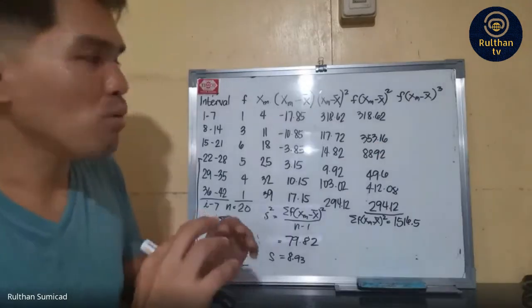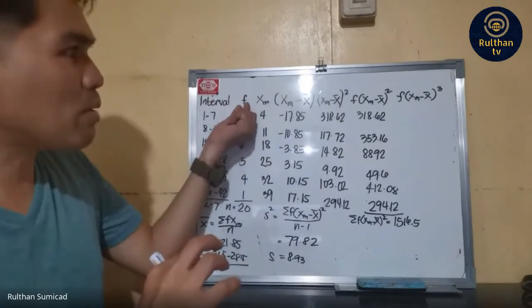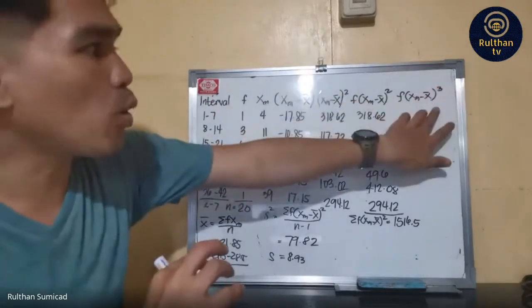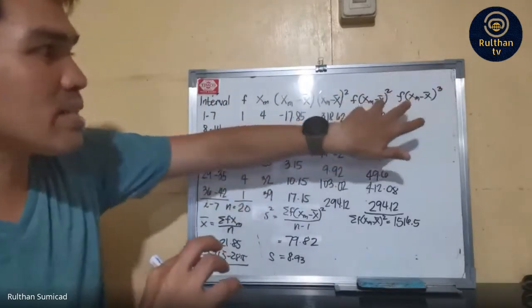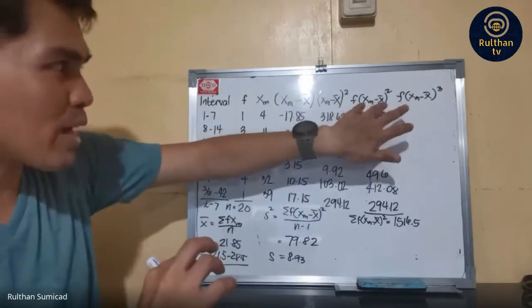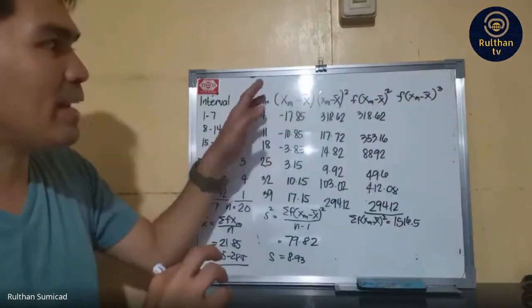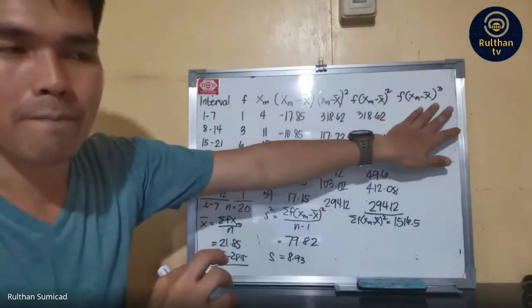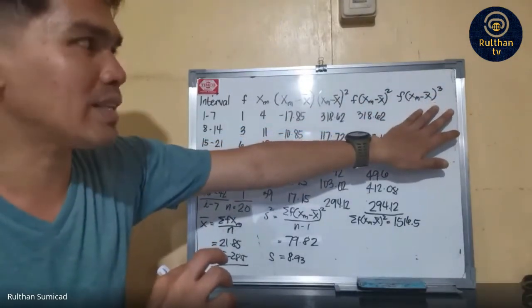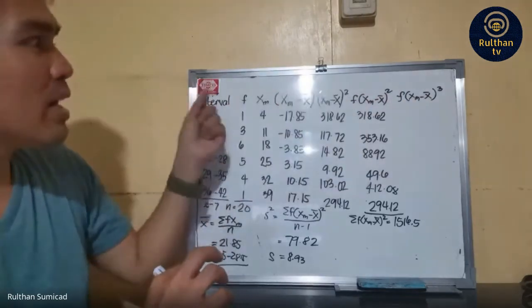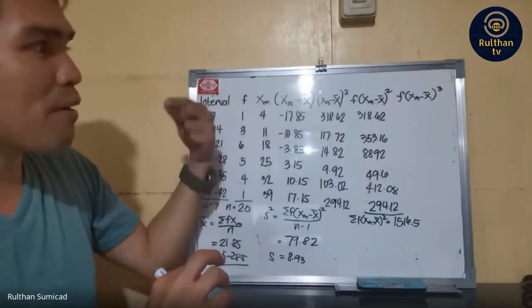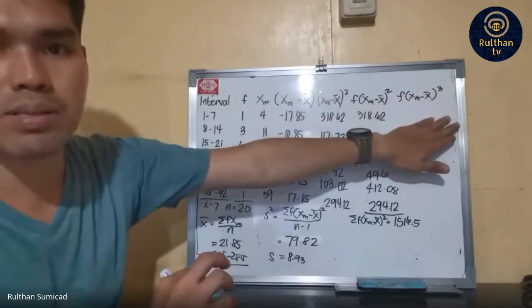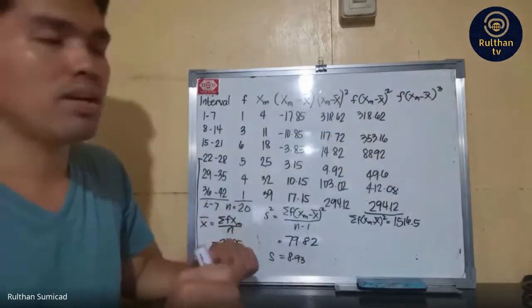Meaning, we multiply frequency and the cube deviation. The square deviation is the difference of each midpoint and the mean, but this time we're looking for the cube deviation, so we raise the deviation of our midpoint away from the mean to the third power.